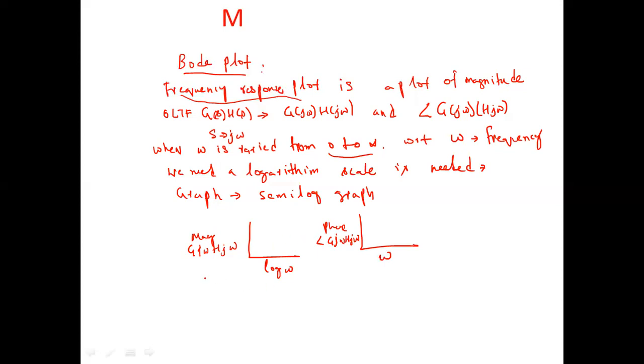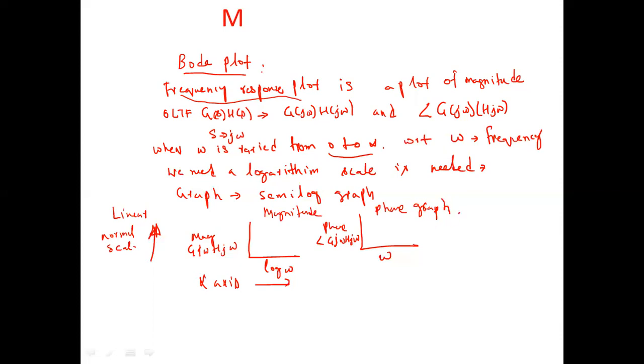So the x-axis is a logarithmic scale, wherein the y-axis is a normal, linear scale. This is the magnitude plot, and this is the phase angle plot. Both plots are represented in the same graph.